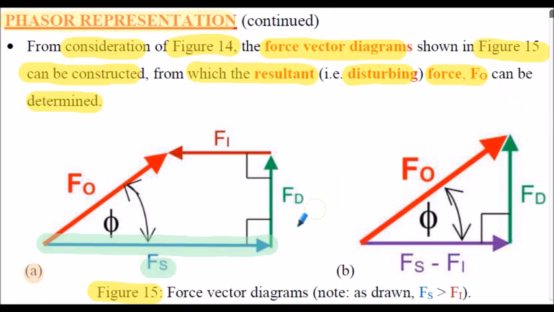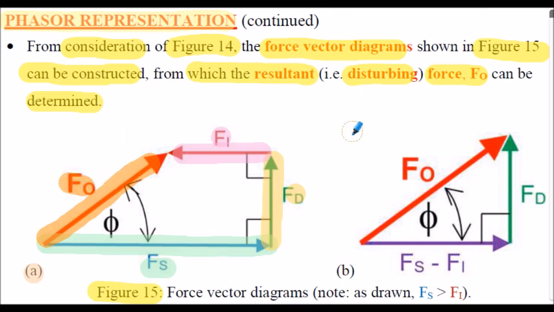On the end of that, I've added the damping force Fd, and on the end of the damping force, I've added the inertia force. Again, it doesn't matter which order we decide to draw the vectors. I could have drawn Fi first, then Fs, then Fd. I would still end up with the same resultant force, which is the F0 force, the disturbing force.